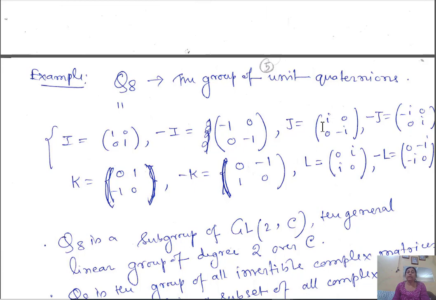J has, in the principal diagonal, i and minus i. In K, off the diagonal it is 1 and minus 1, and in L, off the diagonal it is i.